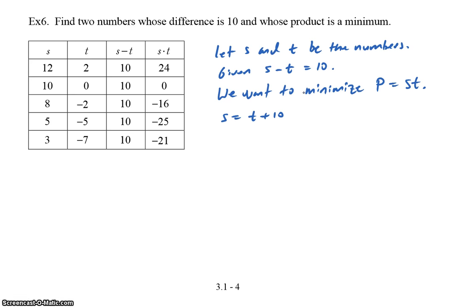So what we could do then is replace S in the product S times T with T plus 10. That gives the product as a function of T only. P of T is T plus 10 times T, or T squared plus 10T.